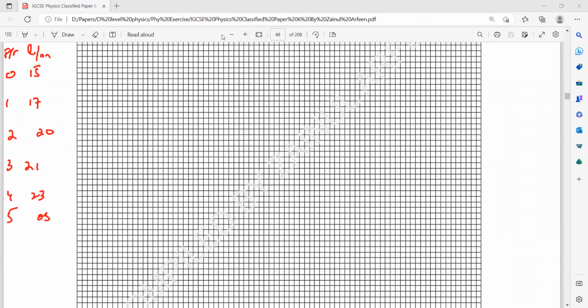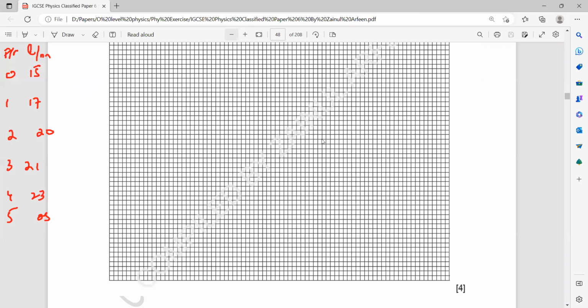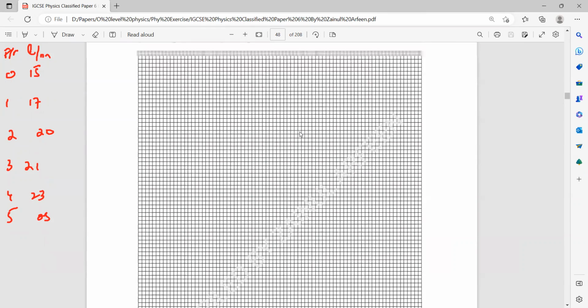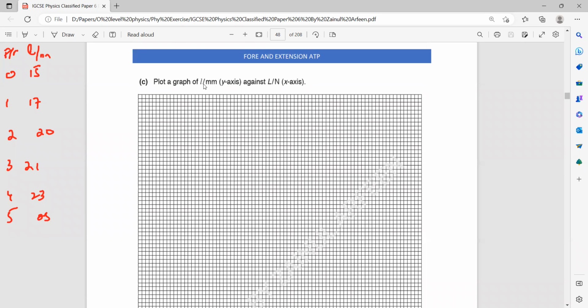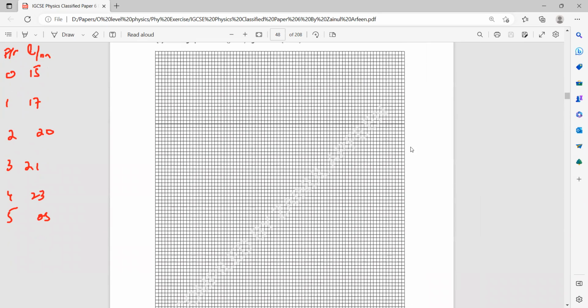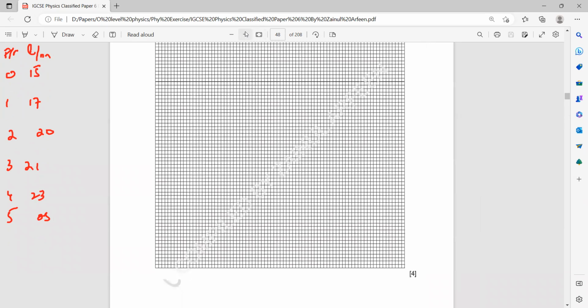Now for the next part, for physics, you have to select a scale as well. We have to plot length on the x-axis and load on the y-axis. So for the x-axis, we can select our scale.